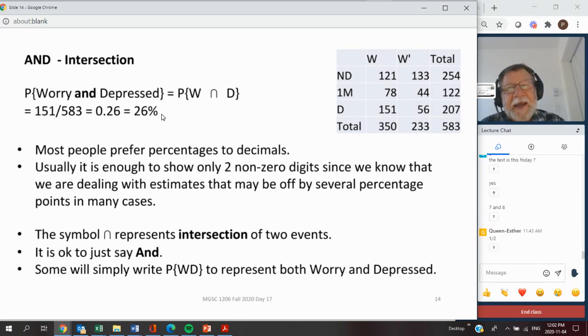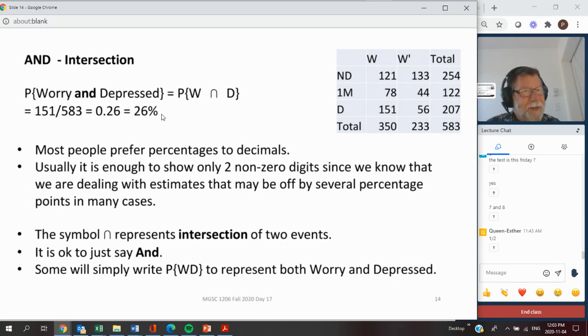An exception to that: if the probability turned out to be 0.0026, I've chopped it to 2 decimal places of real digits. That's like 26 in 10,000, so that's very infrequent. When I've got some leading zeros, yes, I show them. I'd say that's 0.26%, which gives me 2 digits.